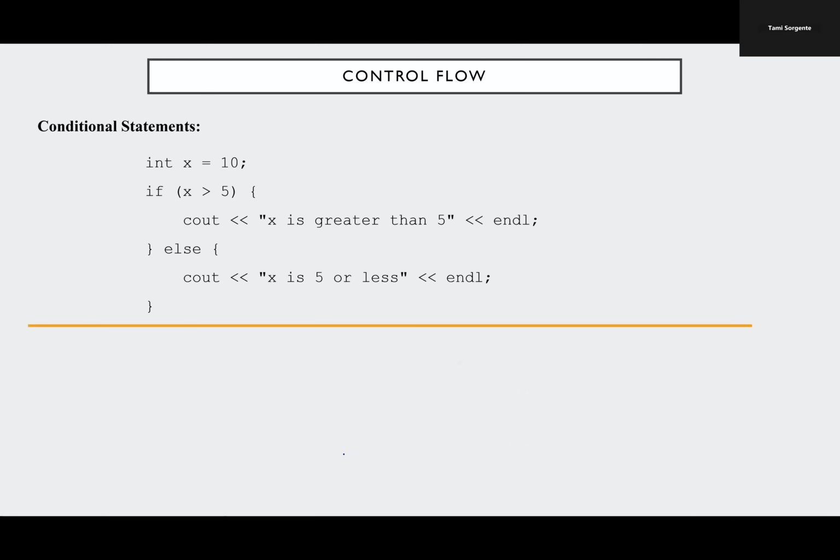The flow is the same. The only difference here is how we're printing it onto the screen, but conditions are still the same. There's still blocks of code. You still use Boolean expressions, and loops are also the same. The only difference here between C and C++ when it comes to loops is, of course, if you want to do input and output, you use cout and cin instead of printf and scanf.